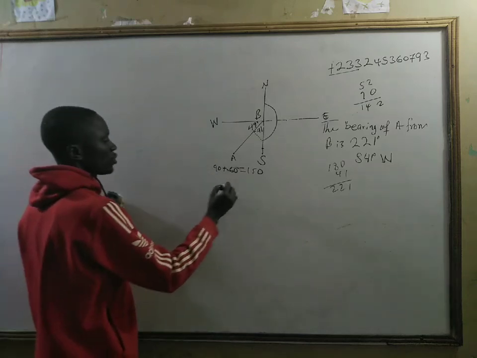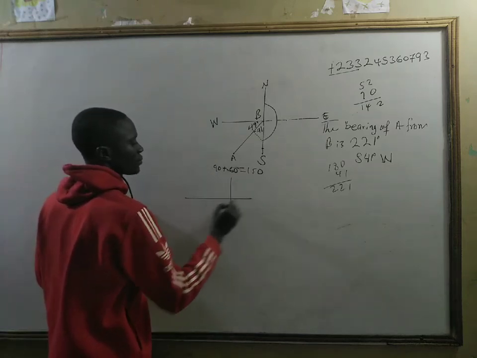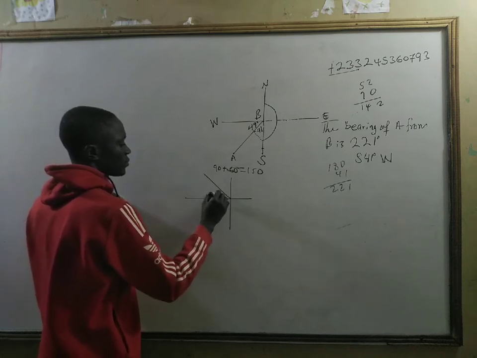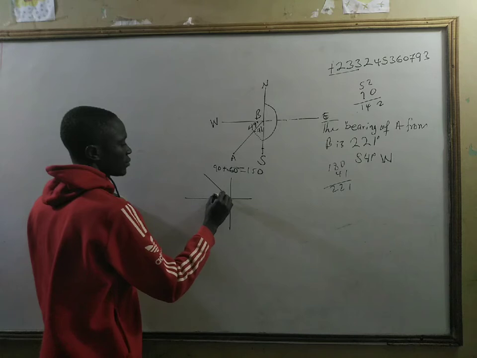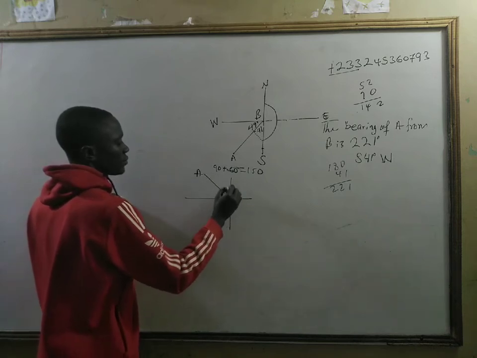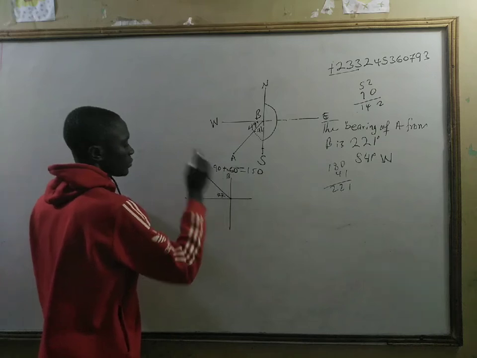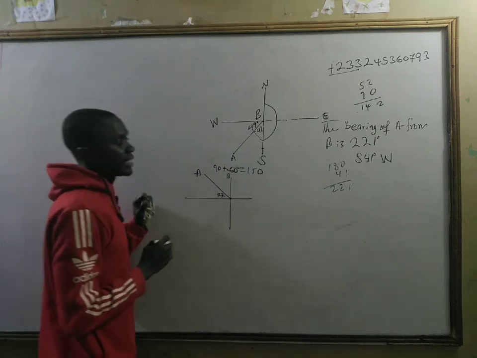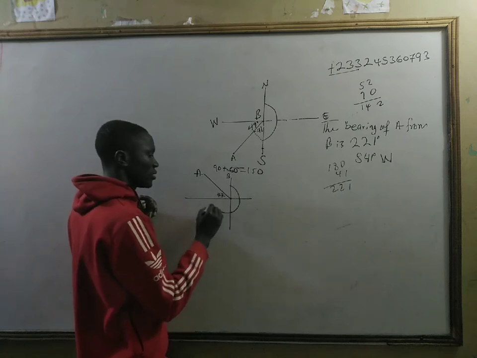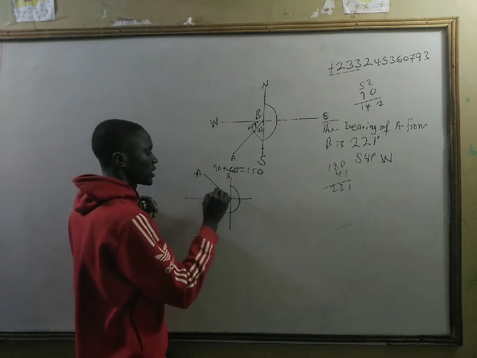Now, what about if I draw this one? That's point B. In terms of three-figure bearing, I need from north to this line.